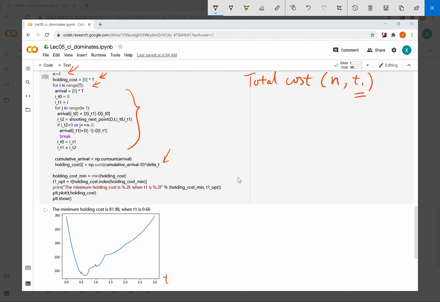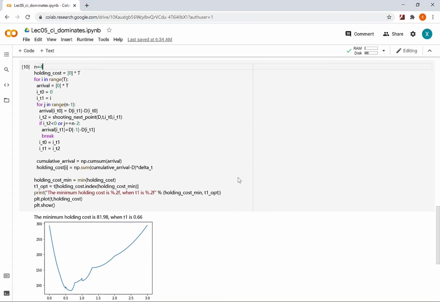And then we can get this curve. So this is the value of T1, and this is our holding cost. You can see that we do have a minimum point. So we print out the value: the optimum T1 value should be around 0.66, and the corresponding cost associated with this T1 is 81.98, slightly smaller than what we got before. Later on, you can switch the value of n.